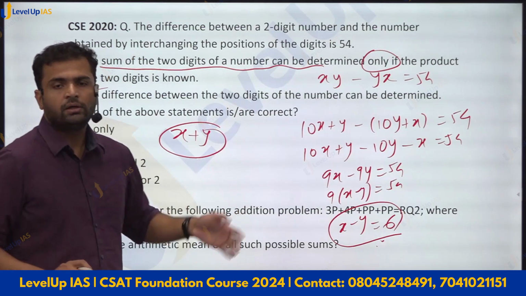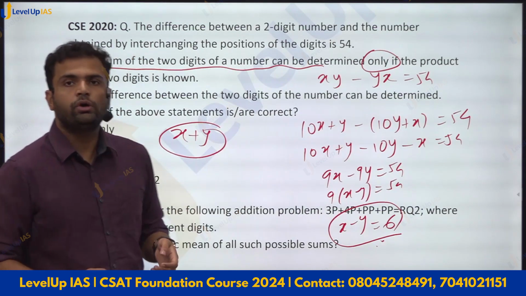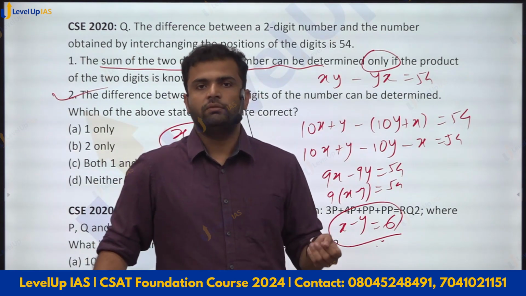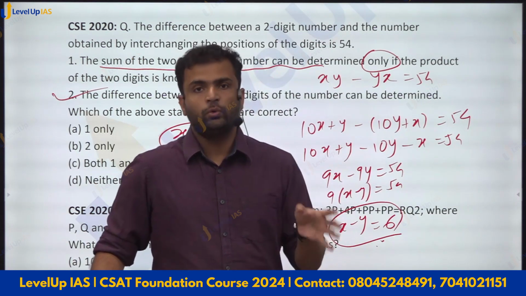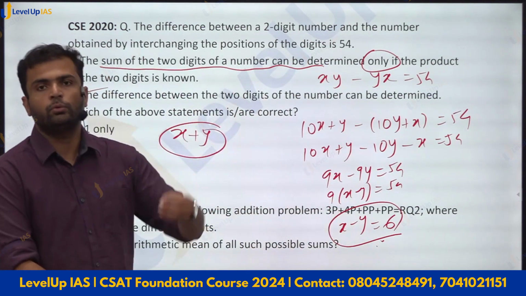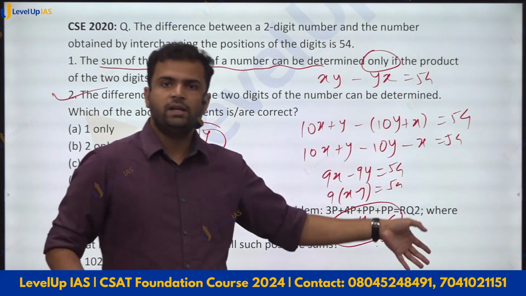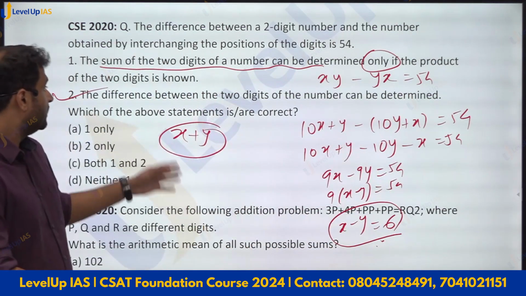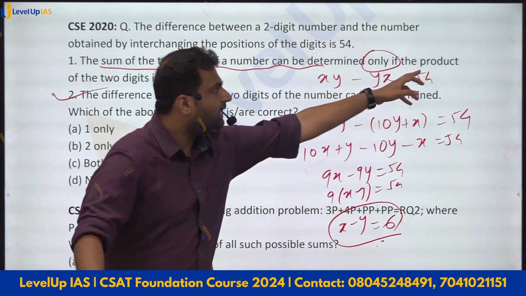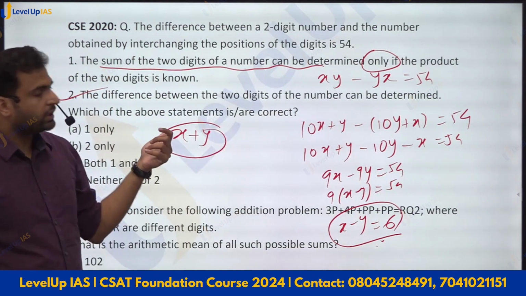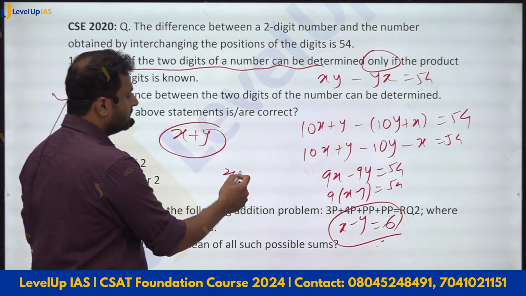In general, if you want to find out 2 unknowns, we need 2 equations. If you want to find out n unknowns, we need n independent equations. So it is not necessary that only the product equation is going to work. Of course, the product equation is going to work.